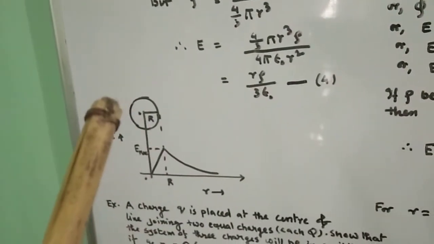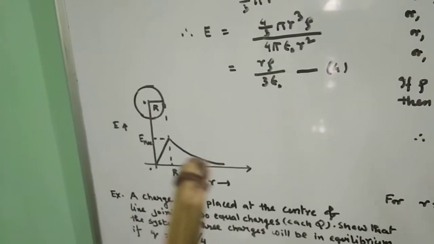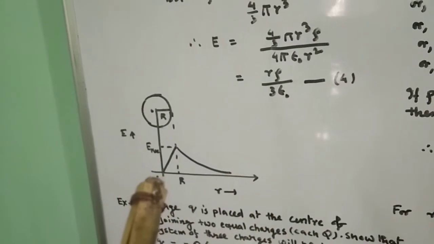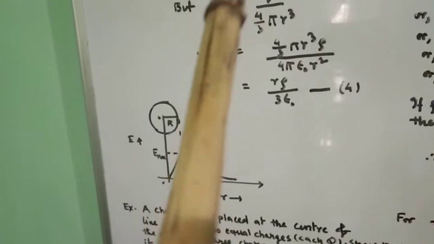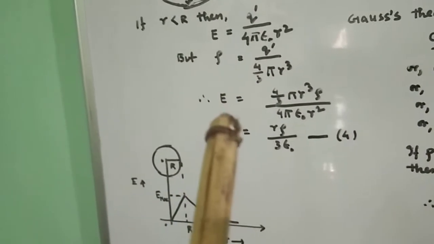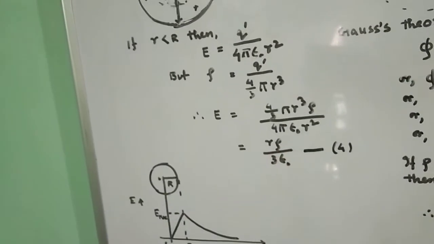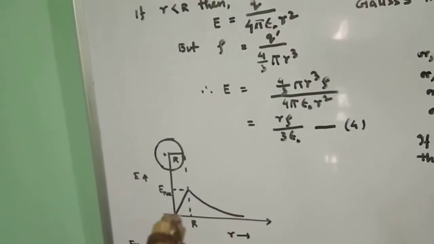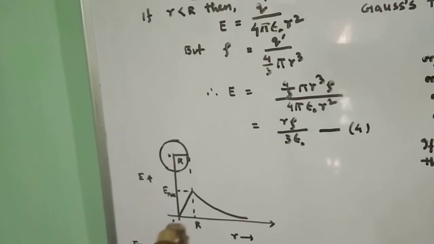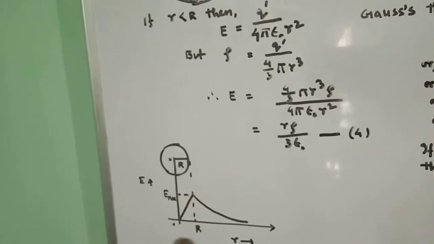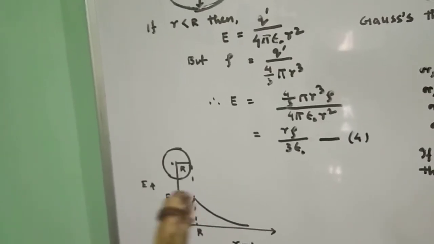Here you see this is your solid sphere and this is your field axis, this is your r. Now if you see this part, here is the equation. If small r is less than capital R, then E is proportional to small r. So this is your direct straight portion, E proportional to r. And when small r equals capital R, then it gives you this expression.